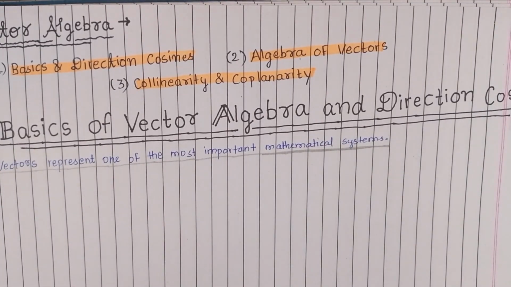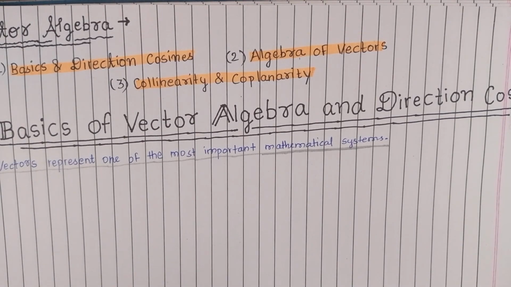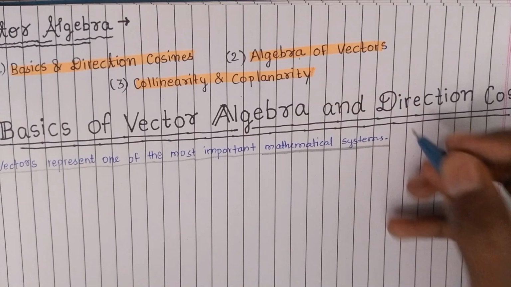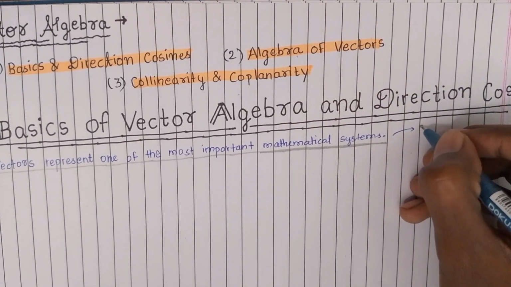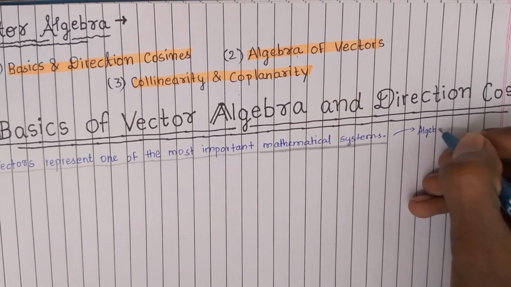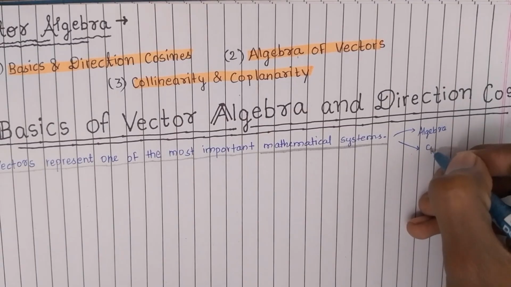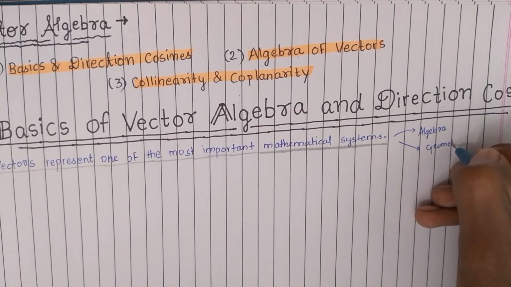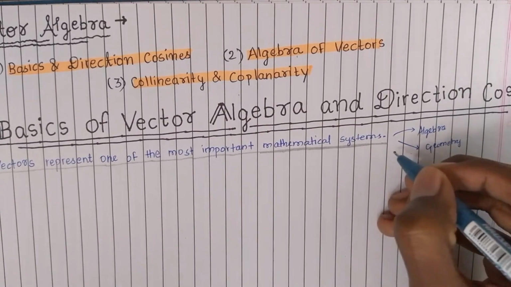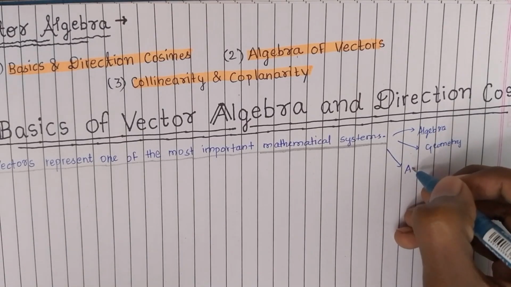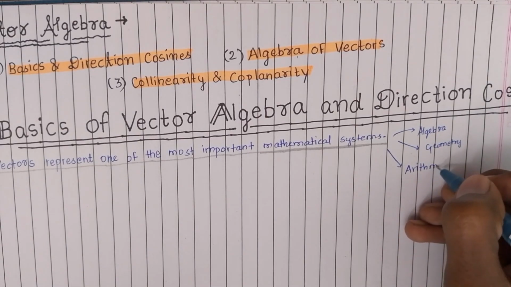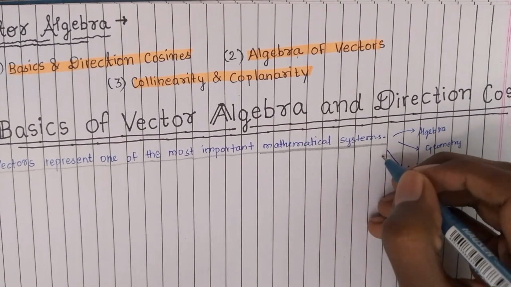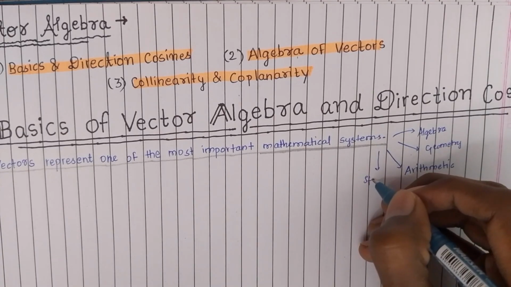What do we mean by mathematical system? We know about maths. There are various types of mathematical systems I can classify, like algebra, geometry, arithmetic, statistics.